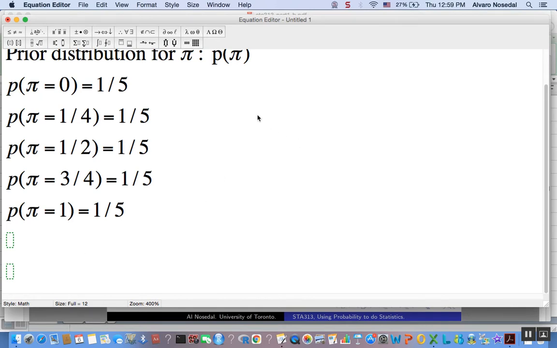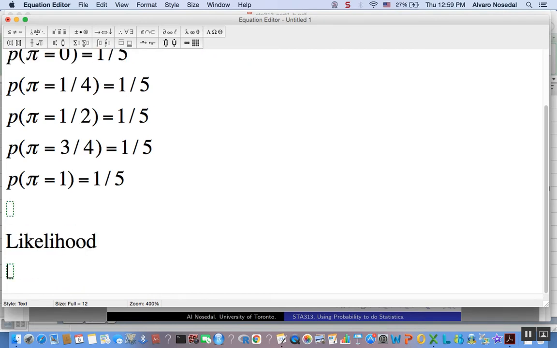Then our likelihood, the other important component to do Bayesian statistics. Our likelihood, which in our notation here would be the probability of observing our sample given a particular value of the parameter of interest. In that case, it was given by a binomial distribution.